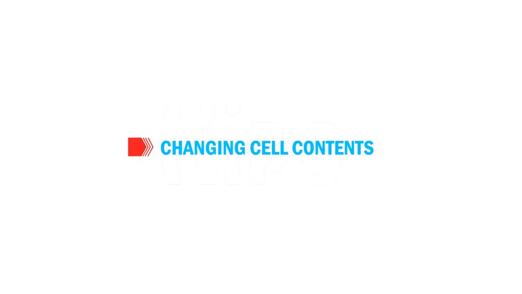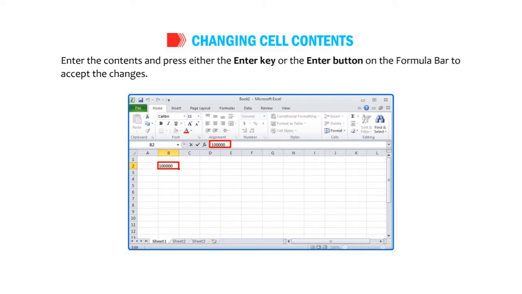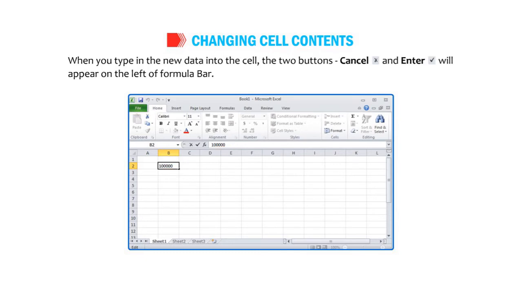Next, we will learn how to change the cell contents. The characters and numbers typed in a worksheet can be seen both in the cell as well as in the formula bar. Enter the contents and press either the Enter key or the Enter button on the formula bar to accept the changes.